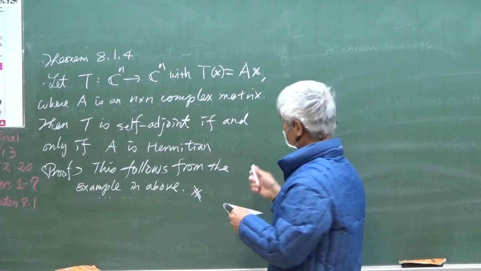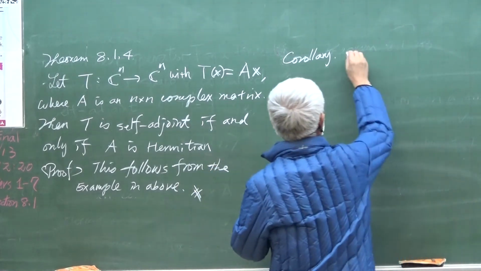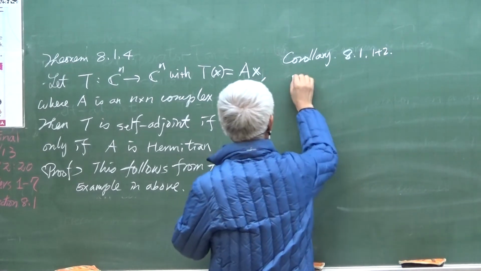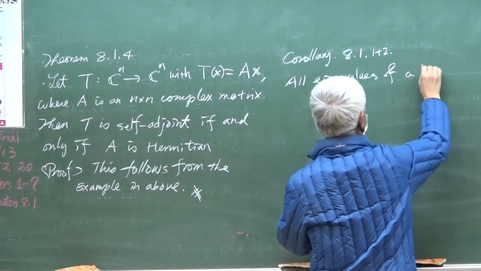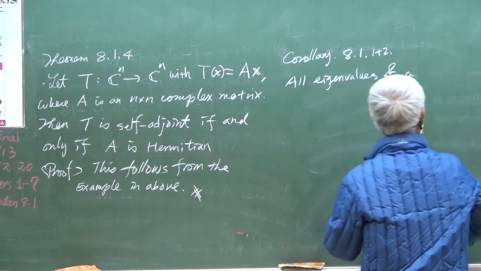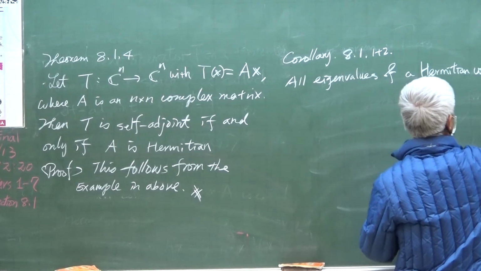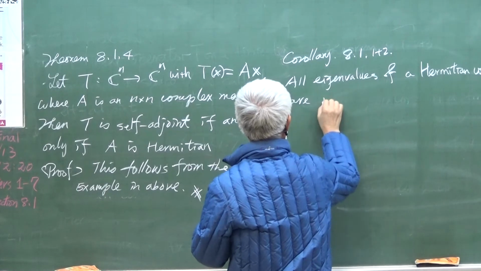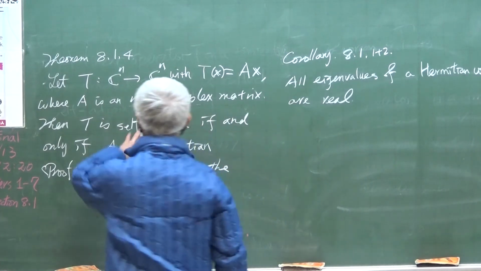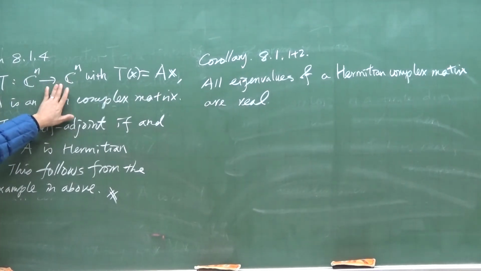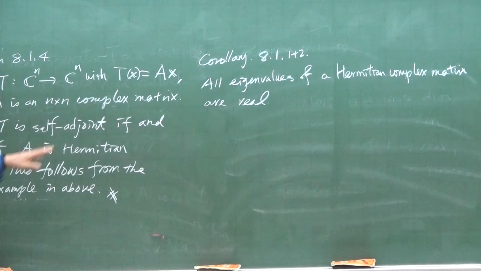So basically, this is from our discussion before, and 8.1.2: all eigenvalues of a Hermitian complex matrix are real. So if we have a Hermitian complex matrix, then we can construct a self-adjoint operator this way. And from the previous theorem, any self-adjoint operator has real eigenvalues.